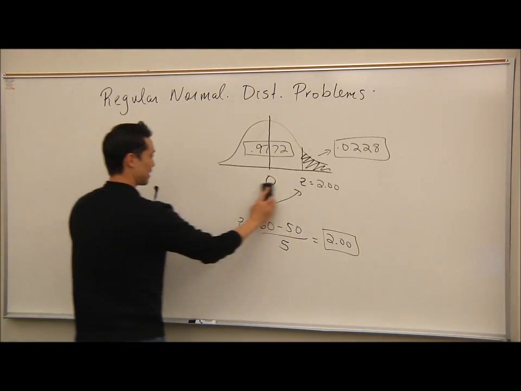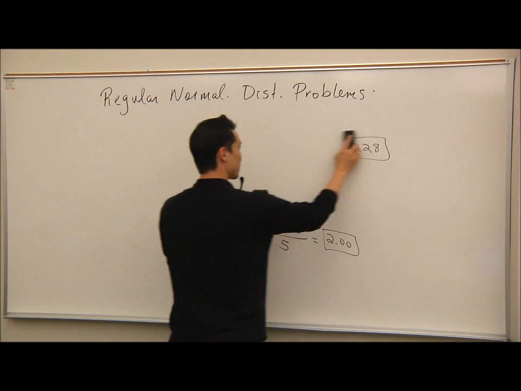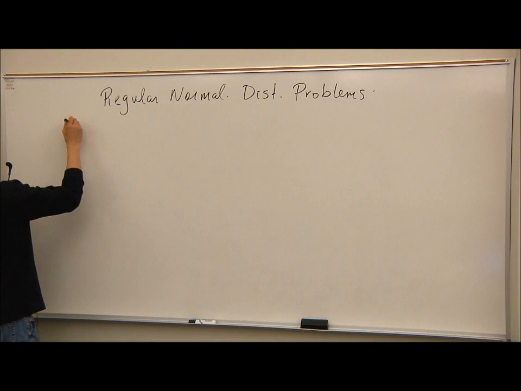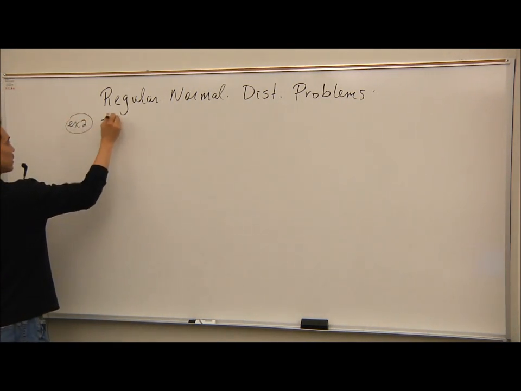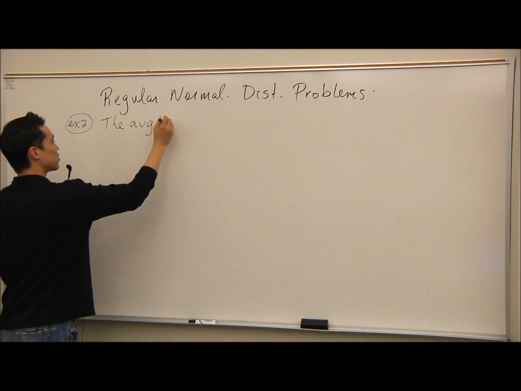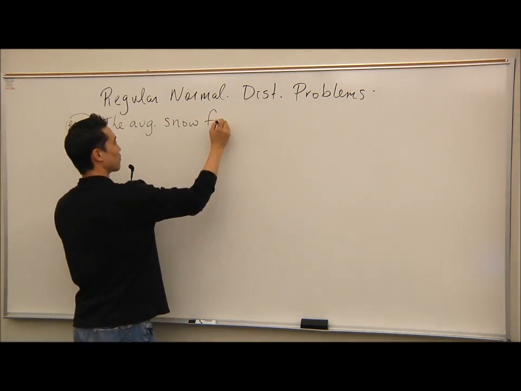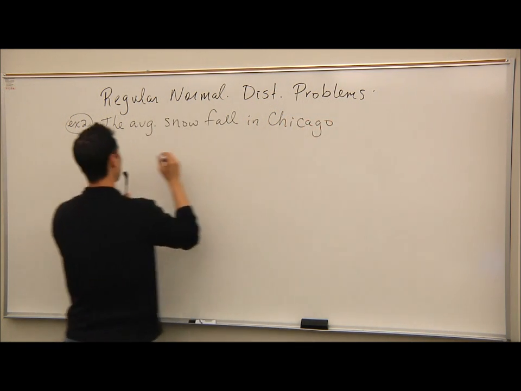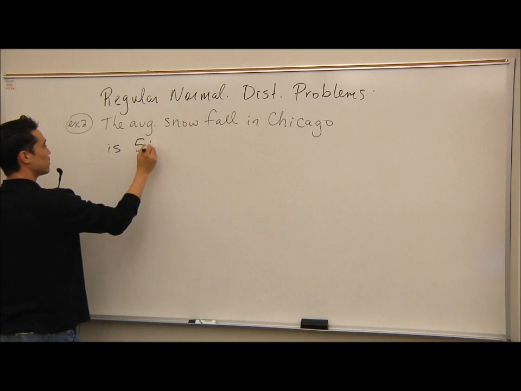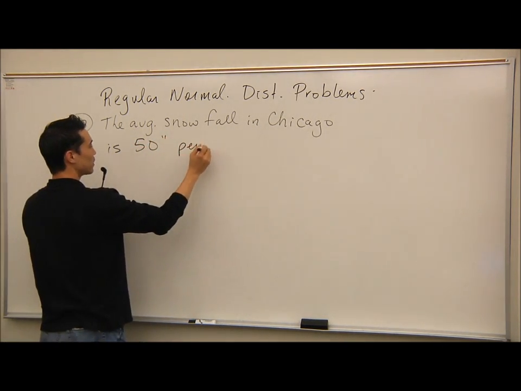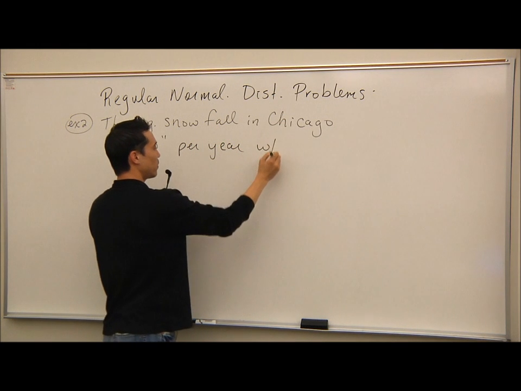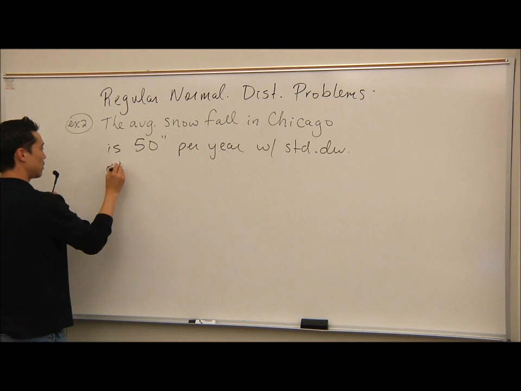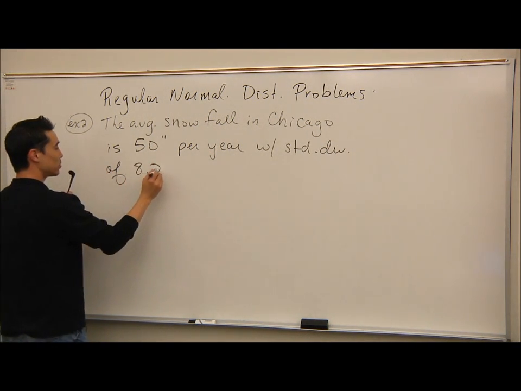All right, let's try another example. So let's say, example 2, the average snowfall in Chicago is 50 inches per year with a standard deviation of 8.2 inches.